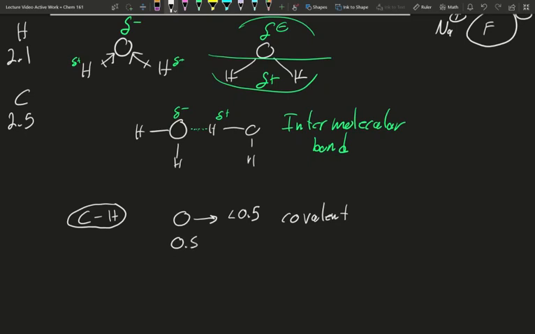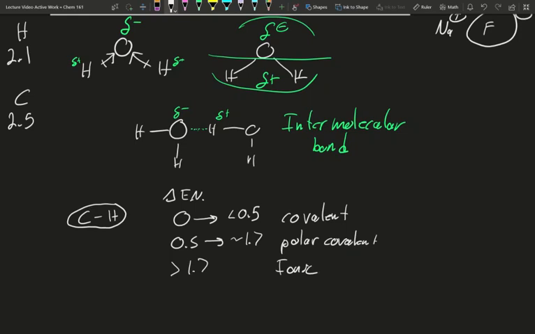If you are 0.5 through about 1.7, you are polar covalent. And these are the differences in electronegativity. And if you are greater than about 1.7, you are ionic.